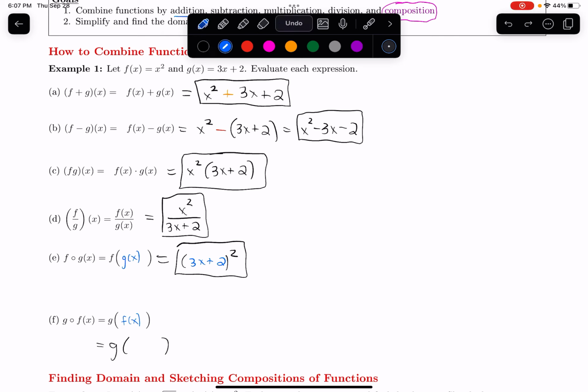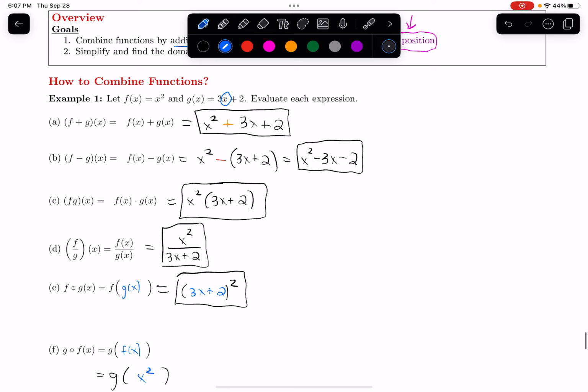So I'm going to be plugging x squared into my formula for g where the x is. Where that x is, I'm going to plug in the whole formula for f of x in there. Okay. So if I do that, instead of getting 3 times x plus 2, I'm replacing the x with x squared. That whole thing gets plugged in. So I get 3 times x squared plus 2.